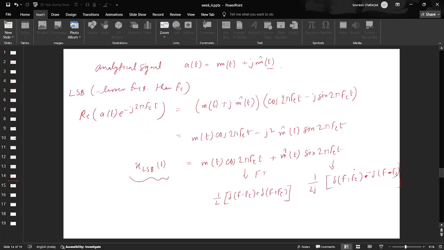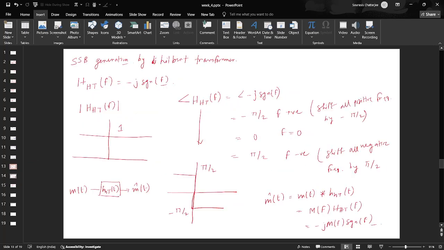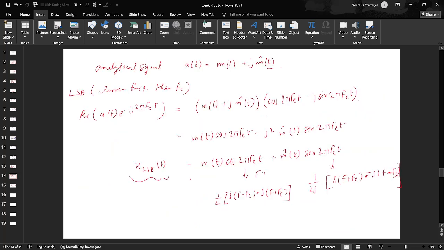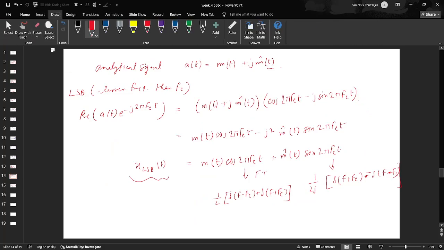Similarly here f minus. Let me correct the error.